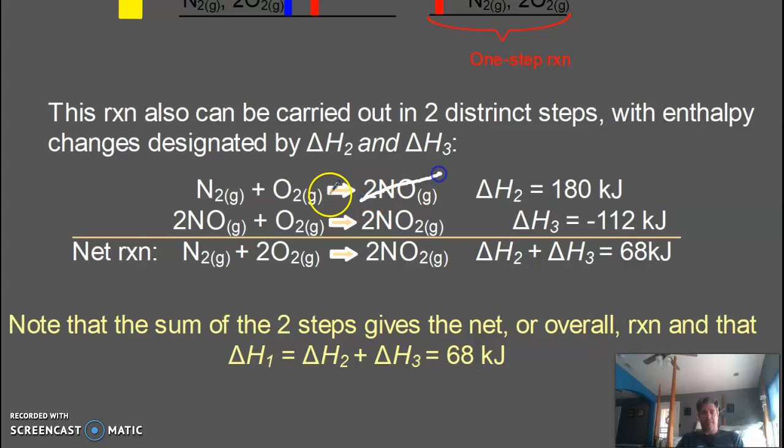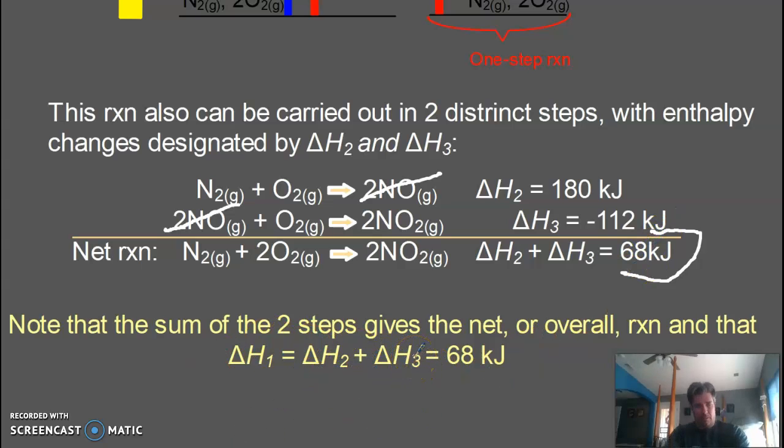So if we're adding these together, cancel these 2 out. We'd have 1 mole of nitrogen gas, a mole each from each reaction there to give us 2 moles of diatomic oxygen gas, and then 2 moles. And so if we add these 2 enthalpies together, you get 68 kilojoules as your answer there.